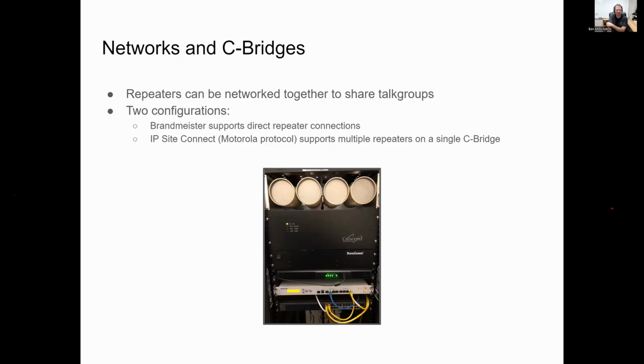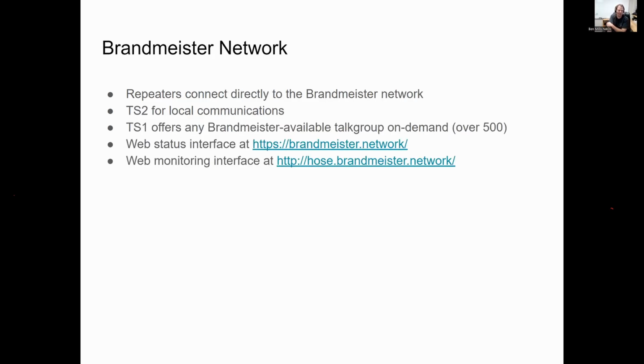However, when we look at something like Brandmeister, we, the user, can identify pretty much any talk group that we want to access. The repeater owner has some control. They can lock it down during certain hours, for nets or for various things.